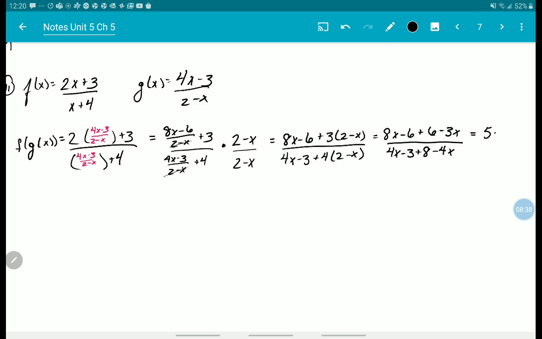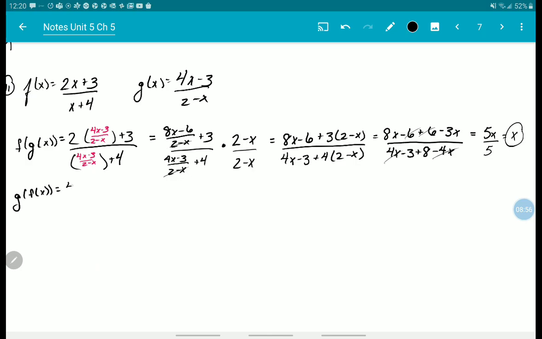So we have 5x in the top. You can see those cancel in the bottom. So we just have a bottom of 5. And that reduces to x. Now let's go the other way. G of f of x.